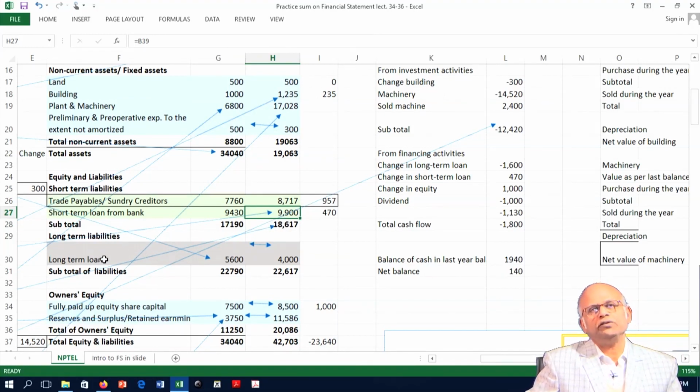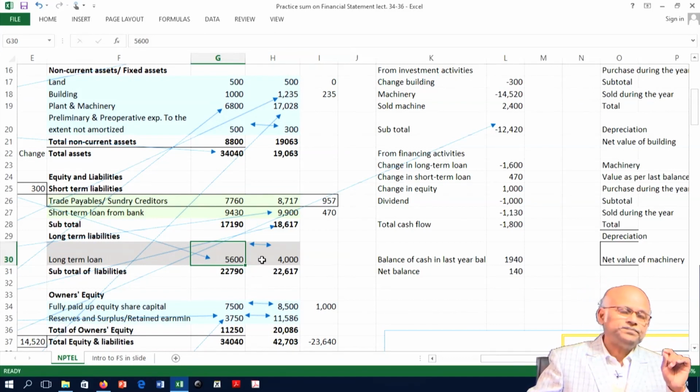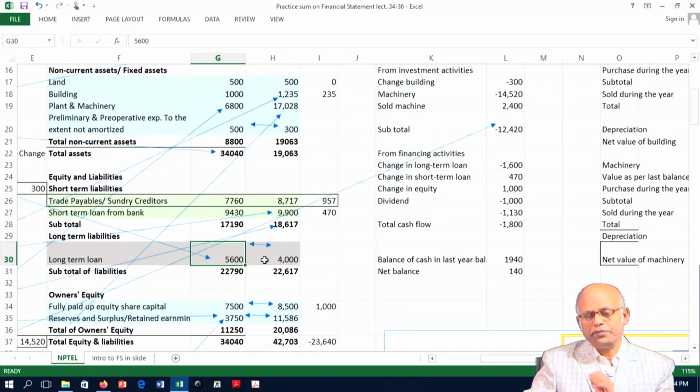Then long term loan, this is slightly tricky, but not so tricky. You have the previous year's balance of long term loan of 5,600 rupees. Remember one thing, that long term loan is given to an enterprise on a long term basis, meaning that they are not supposed to repay the entire loan in a particular year.